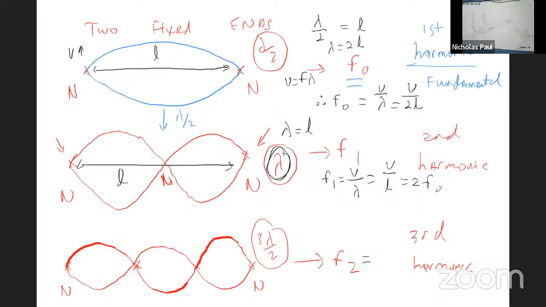Can I make a guess for F2? 2.5. Let's see. Online, what do you all think? Sarah, what do you think F2 will be?